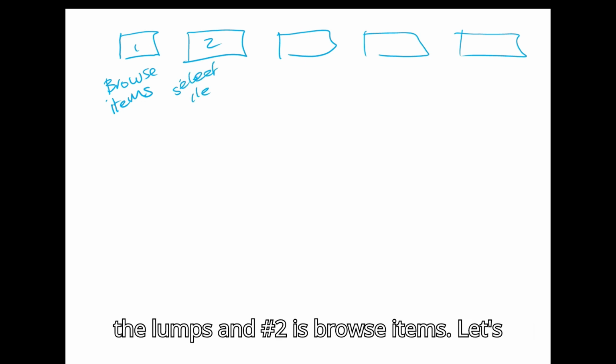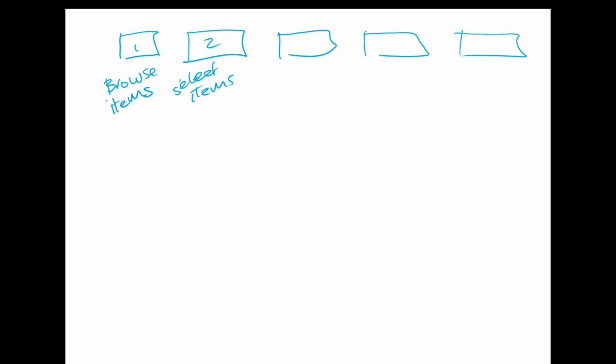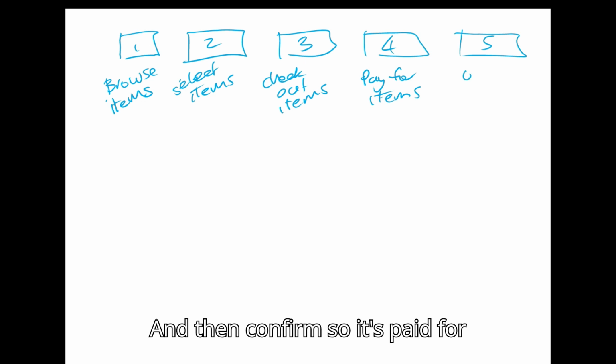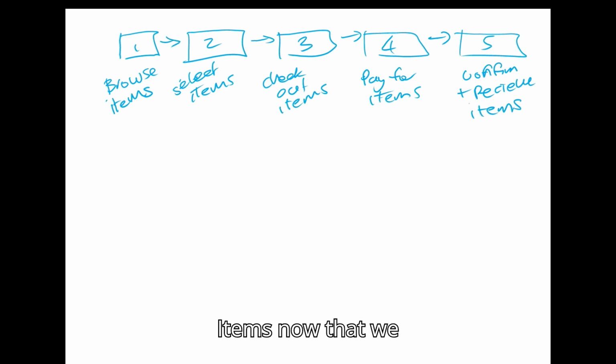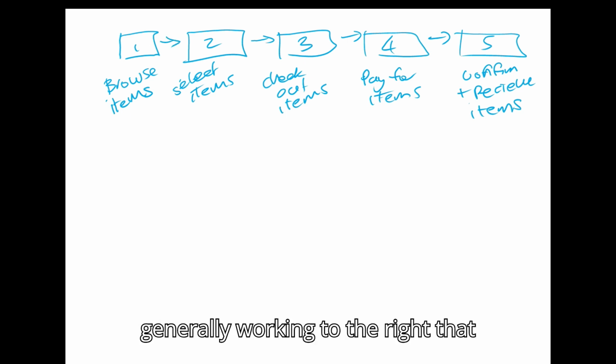So number 2 is browse items, then select items, and you could check out items, pay for items, and then confirm and receive items. Now that, we just chuck some arrows in here because we generally work into the right.